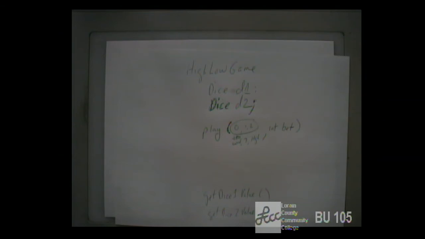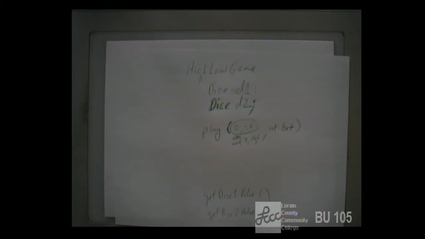What the heck? I'm going to say int payoff equals 0. Payoff equals G. Do I want to pick high, low, or 7?